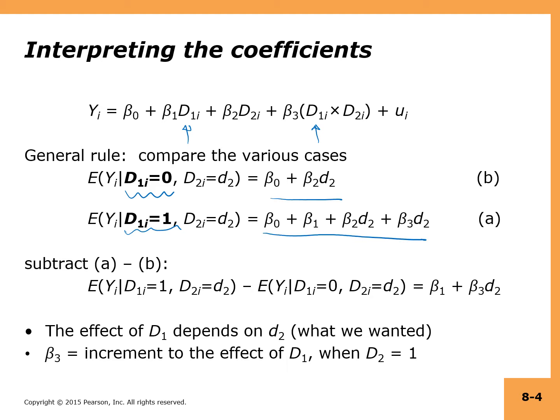When you subtract A from B, beta 0 and beta 2 D2 cancel out, and what you have left is beta 1 plus beta 3 D2. This shows that when D1 changes the value from 0 to 1, that effect of D1 on Y depends on this term, beta 3 D2. So it depends on the value of D2.